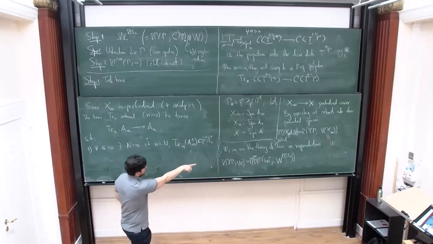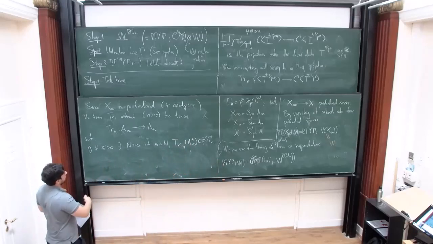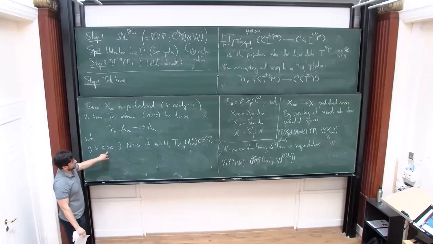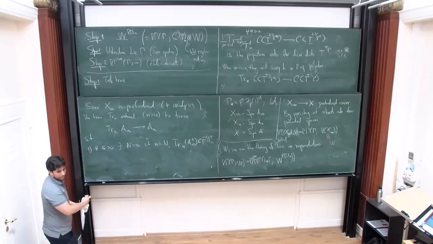In this case, of course, epsilon can be taken as 0 because n is quite large. In general, we may need to take epsilon small, which can be chosen small enough as long as n is large enough. So this is just saying that you have control in the trace space.